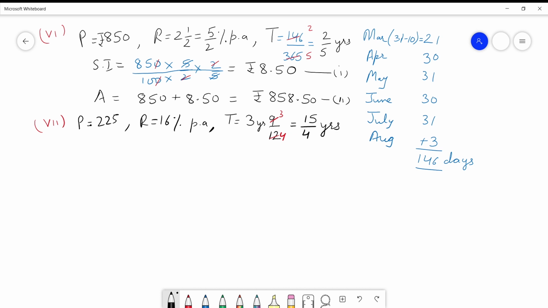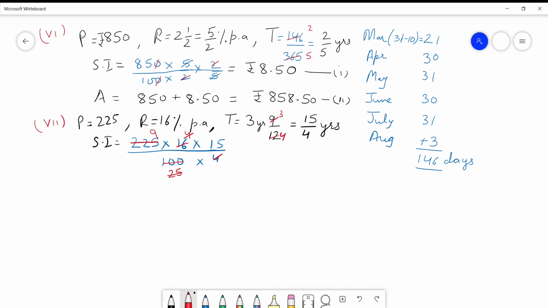Now we'll find out the simple interest. Simple interest is 225 times 16 times 15 over 4 and 100. So I cut the 4 with the 16, 4 fours, 4 twenty-fives. Now 25, 9.